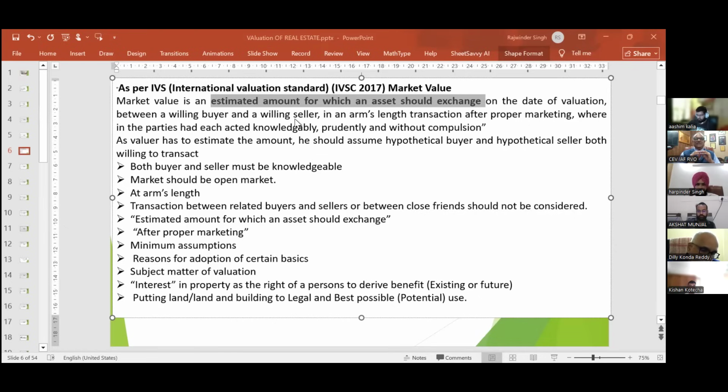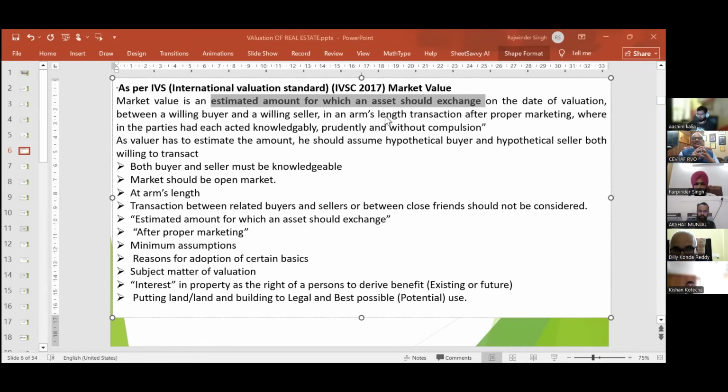How? In an arm's length transaction. Arm's length transaction does not mean the social distancing which we were using during Corona. What is the meaning of arm's length transaction? We will learn in the forthcoming slides.